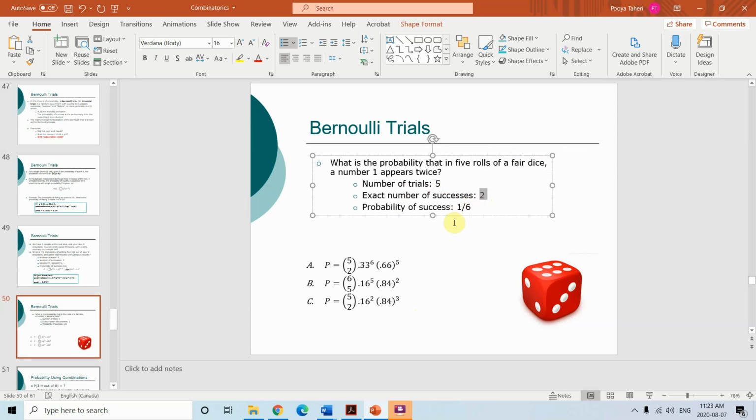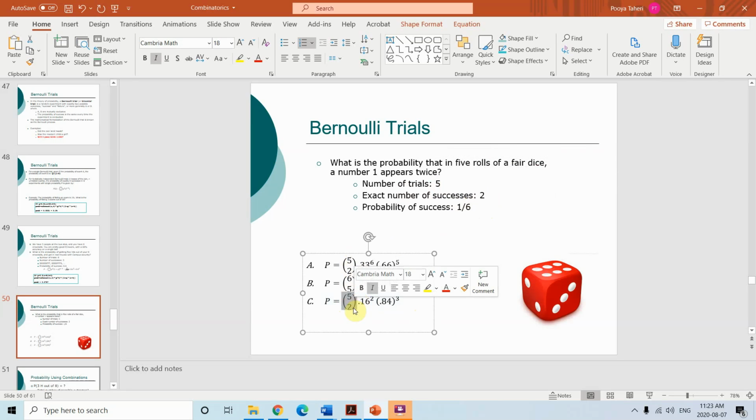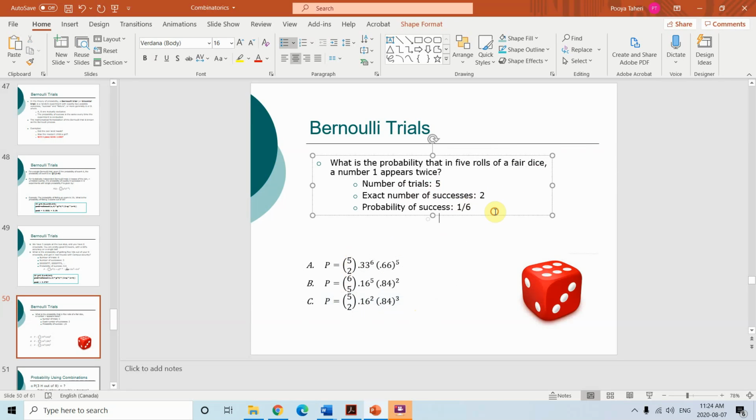So again, this is going to be choosing 2 out of 5. 1 over 6 is about 0.16. So there are these many sequences where we have, let's say, 1 and 1, and then some other numbers, not 1.